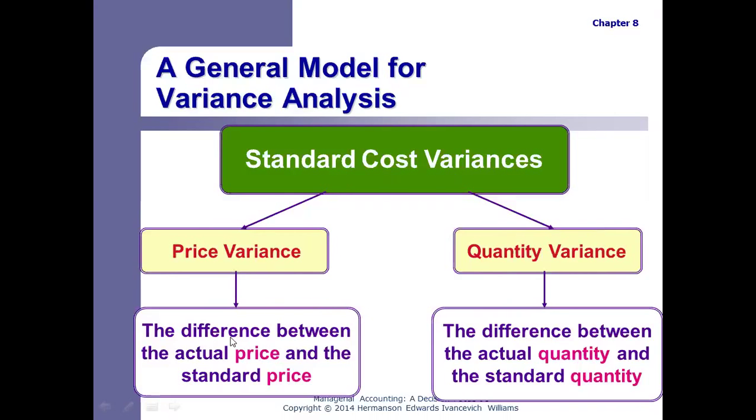Price variance is the difference between the actual price paid and the standard price paid. So how much did you actually spend on the materials or labor or whatever we're looking at? How much versus how much we were supposed to have paid. Okay, so that's price variance. Quantity variance is the difference between what we actually used and how much we should have used based on our standards. Okay, and we'll see the specific examples of these in a second.